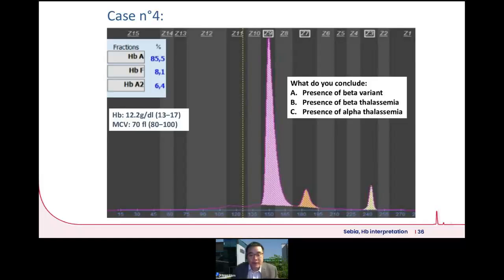How about this case? You see hemoglobin F being increased, hemoglobin A2 is being increased. This is very unlikely a variant situation. Okay. This is actually the presence of beta thalassemia because of the increased hemoglobin A2.